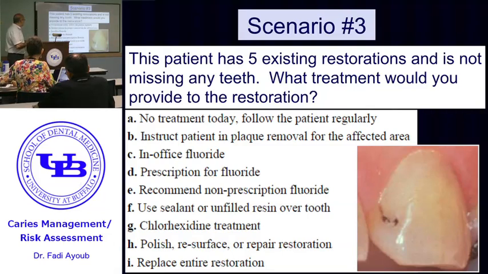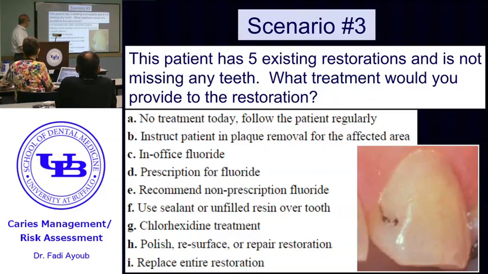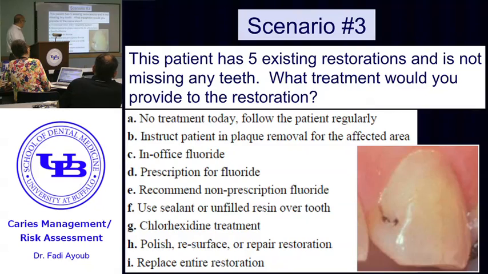Okay, scenario number 3. We have a patient with 5 existing restorations and no missing teeth. What treatment would you provide to the restoration? This one here. Okay, so those are all the options in here. There's 9 of them. No treatment, follow-up, plaque control, tell them to brush around it really well, varnish and maybe tray fluoride in office.